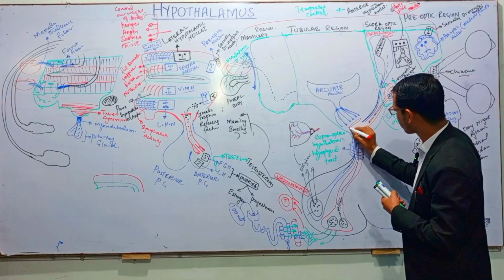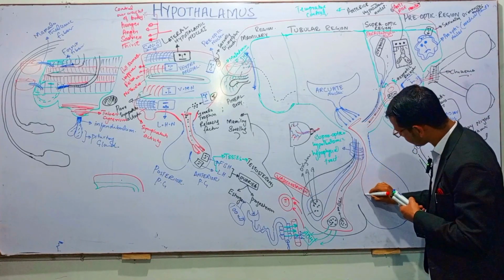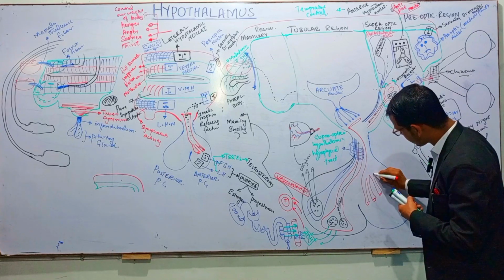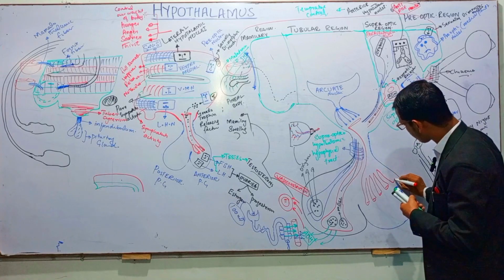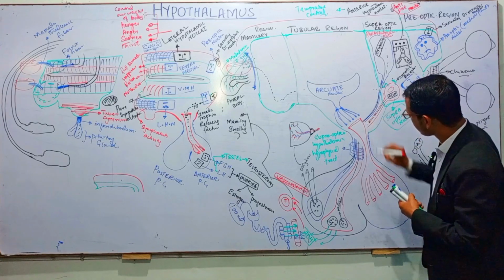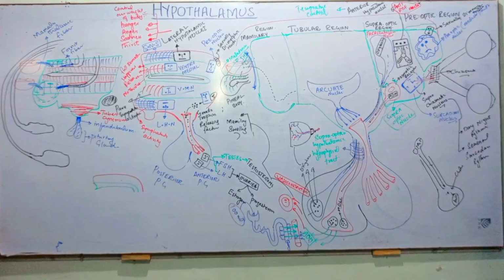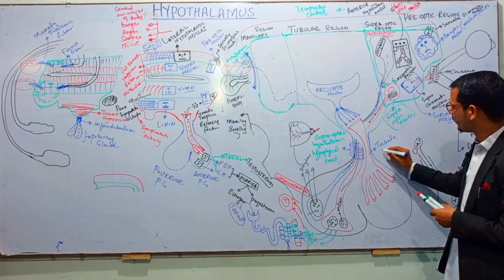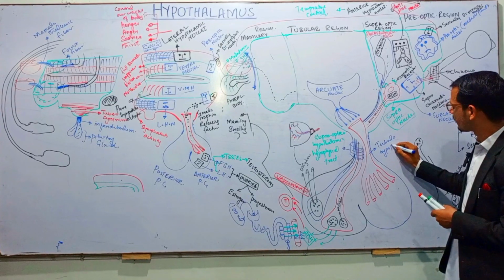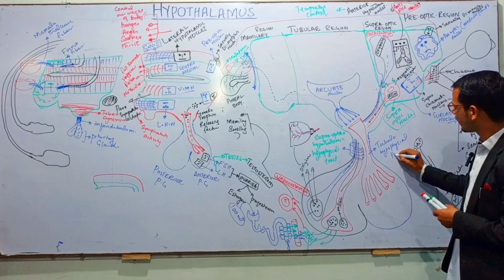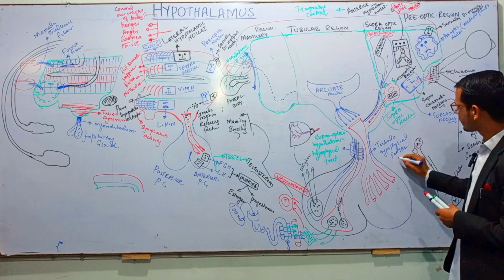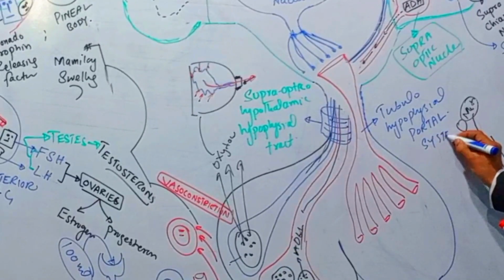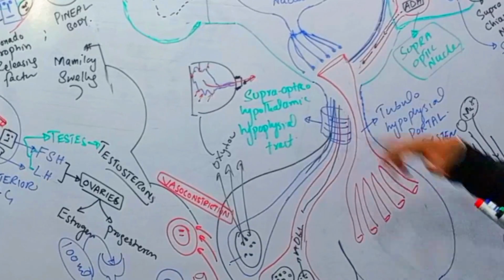For example, this is the posterior, not posterior, this is anterior pituitary gland. Anterior pituitary gland, and this system is called tubulo-hypophyseal portal system, or simply it is called hypothalamic portal system. Right? What is its role?